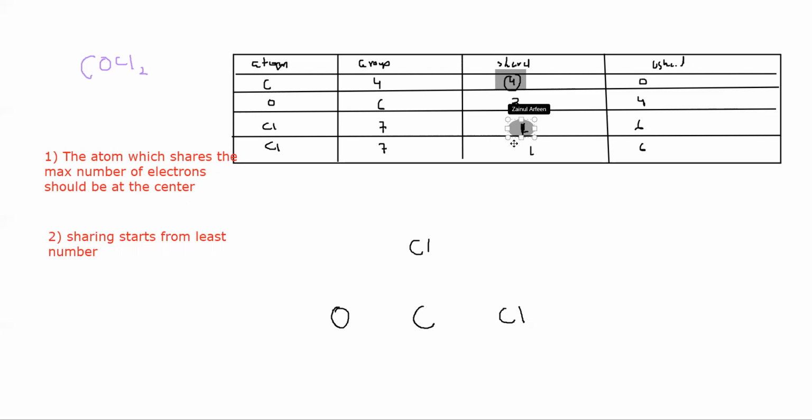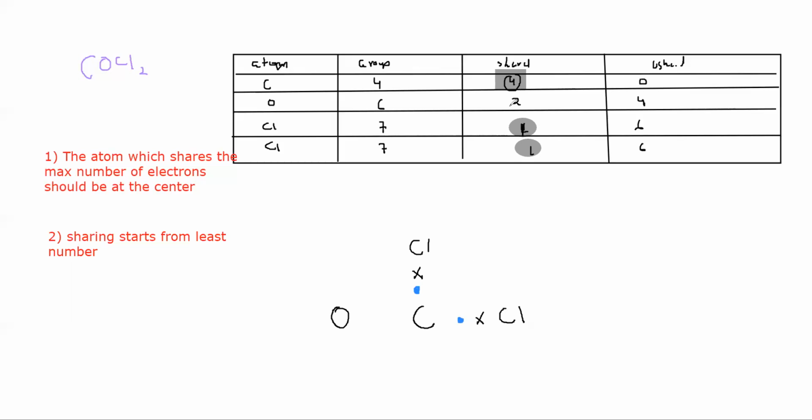You can see here, chlorine is sharing the least number, which is 1. So we'll start with chlorine. So if chlorine shares 1, how many can carbon share from that side? It can also share 1 from that side. Same thing, another chlorine shared 1. How many can carbon share from that side? The carbon can share 1 from that side.